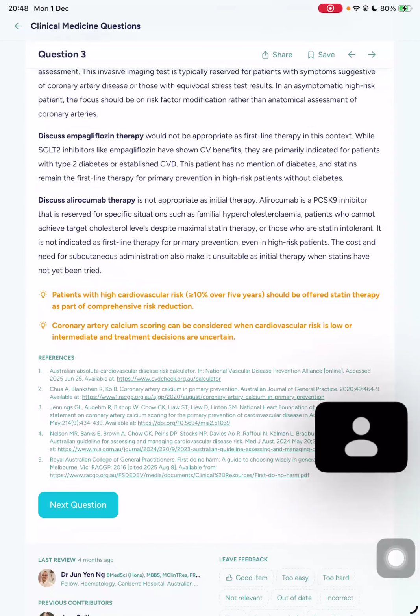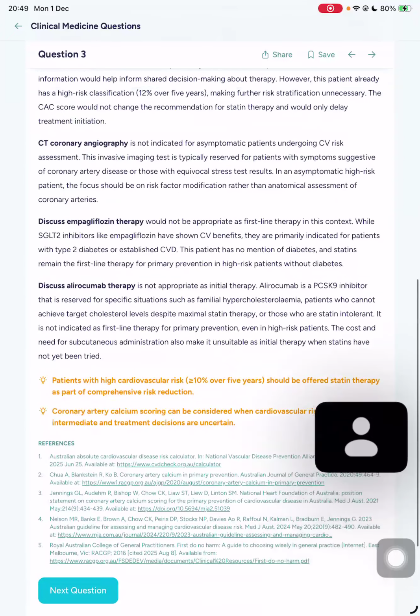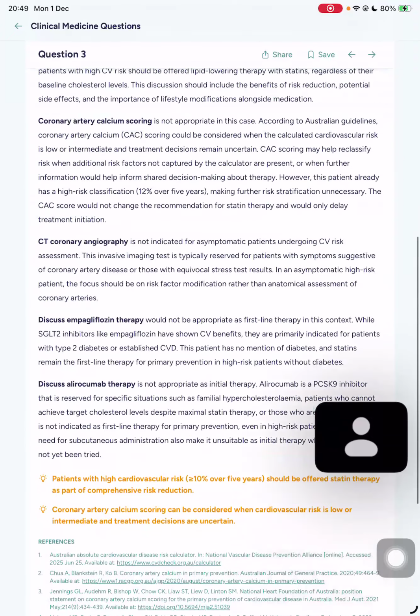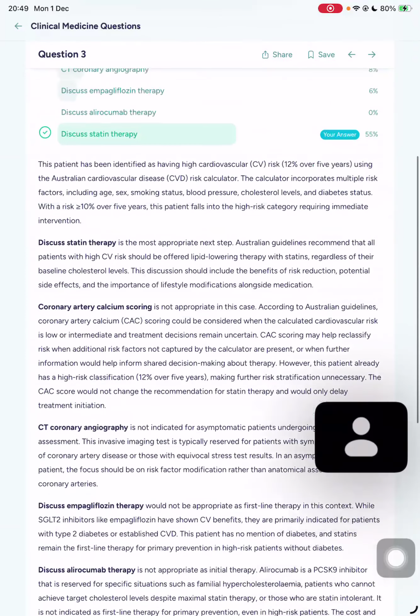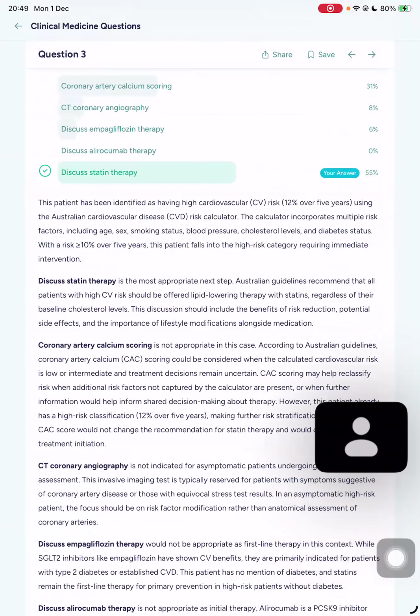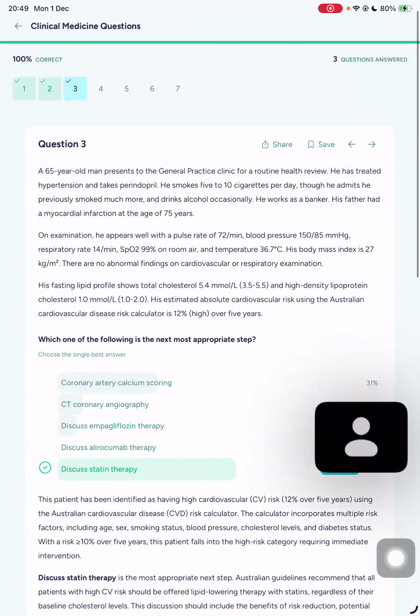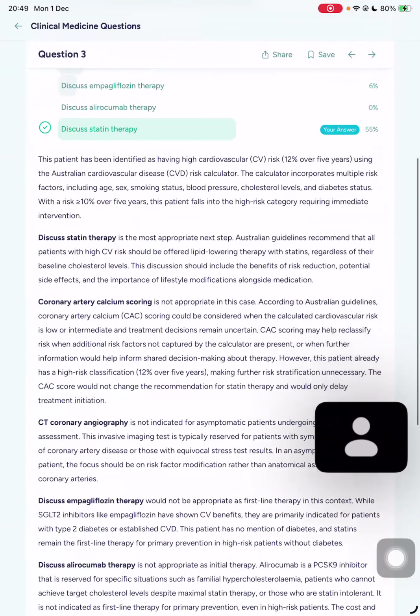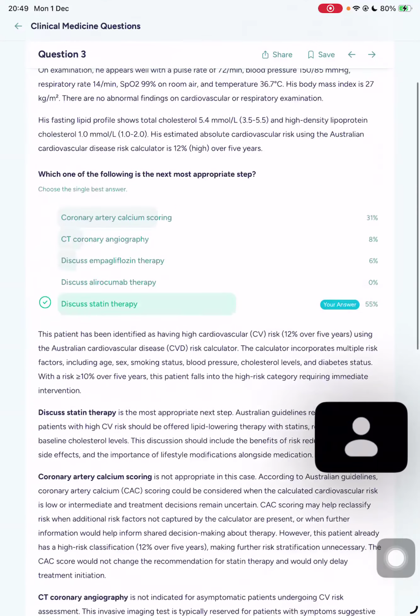Coronary artery calcium scoring can be considered when the cardiovascular risk is low or intermediate and treatment decisions are uncertain. Remember this point as well. You all got the answer correctly. Do I need to read about coronary artery calcium scoring also? No. Okay, let's move to the next.